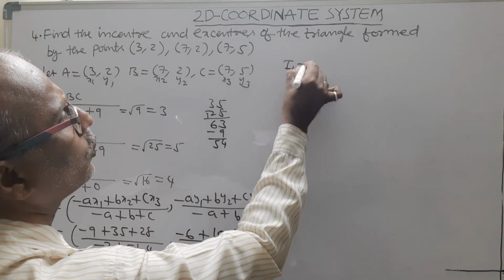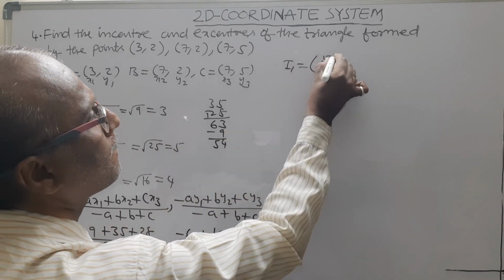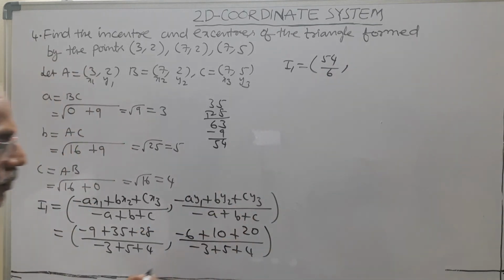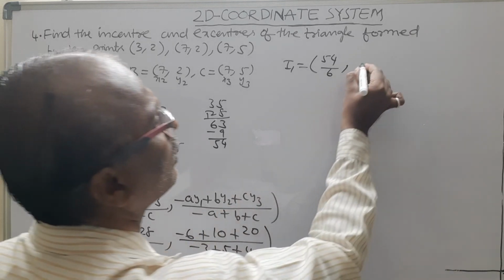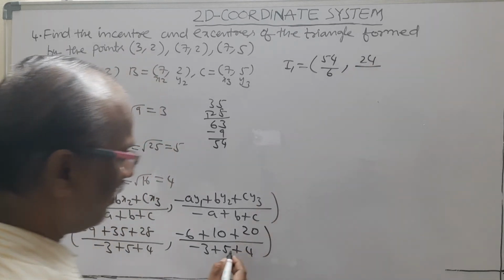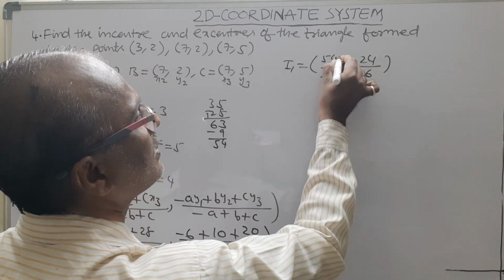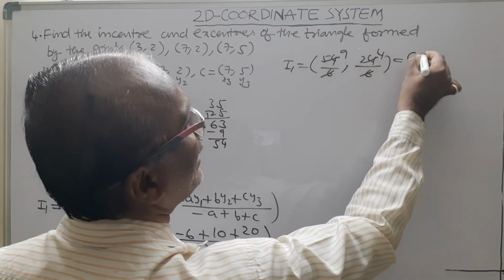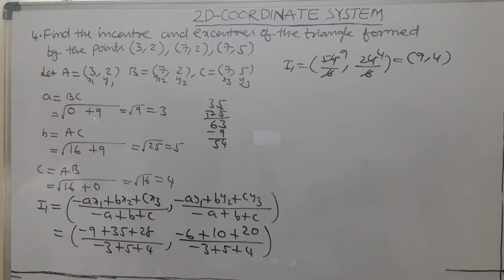I1 is equal to 54 by 6, comma, 10 plus 20 is 30, 30 minus 6 is 24, 24 by 6. 6 nines are 54, 6 fours are 24. 9 comma 4 is the excenter I1.